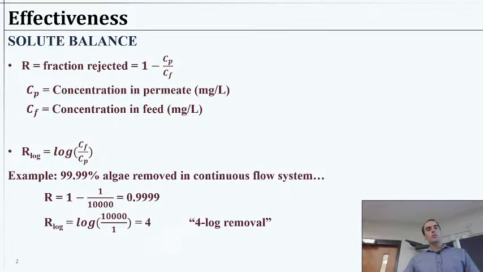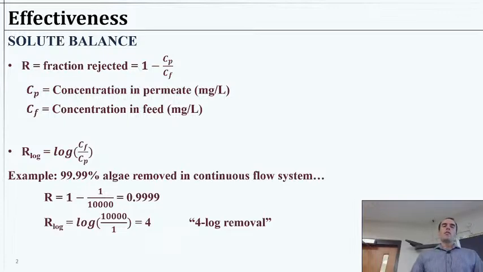So first, I want to take a look at membrane operation from a water perspective, or whatever, a solute perspective. So whatever it is that we're trying to remove, whether that's salt from like reverse osmosis, or if it's particulate matter or something like that.